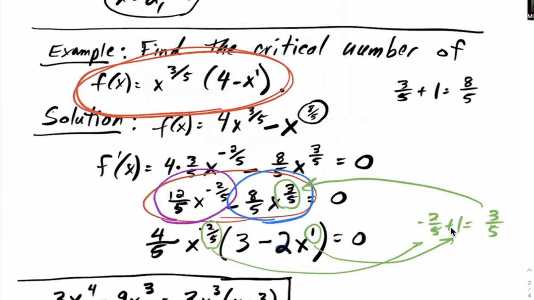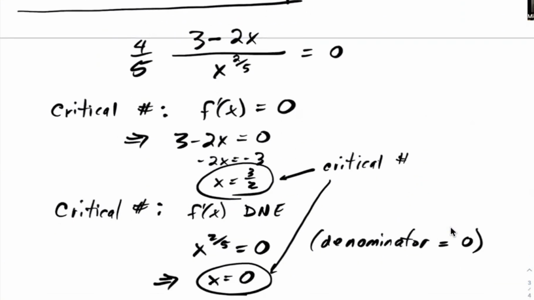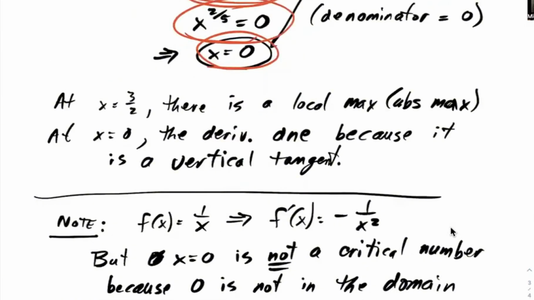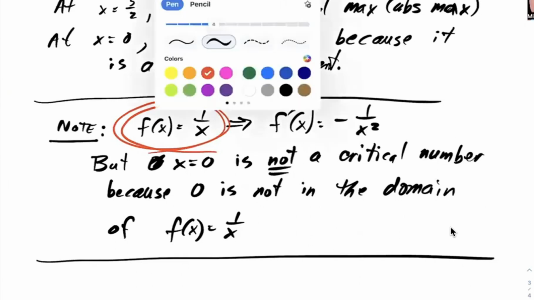In fact, even if it was a square root, it could equal 0. But because the derivative does not exist at x equals 0, that's why it was a critical number. Unlike the example that we did here, where the derivative equals 0 at x equals 0, but 0 is not in the domain. All right.